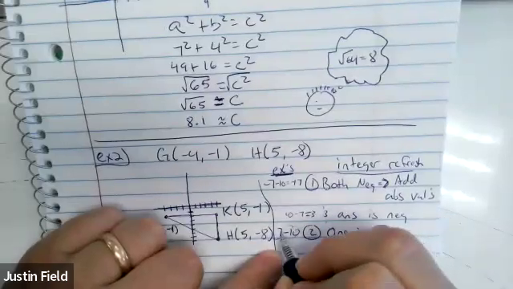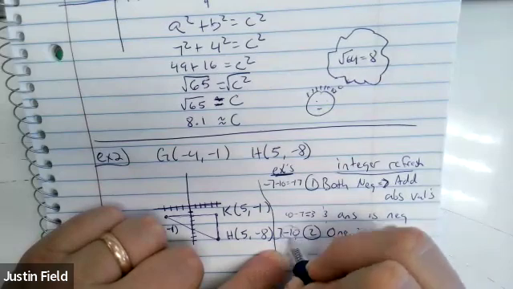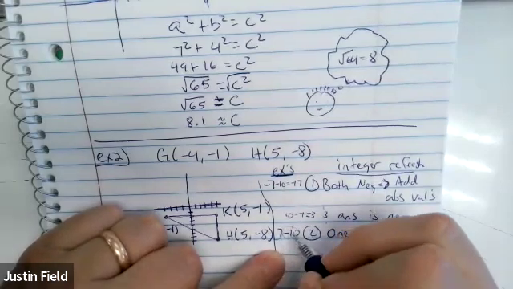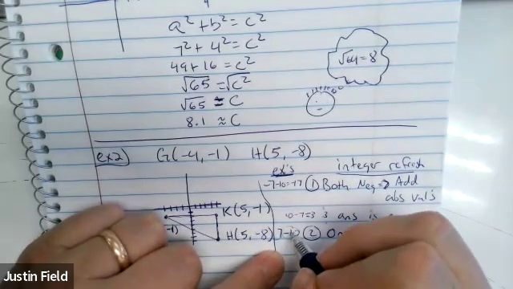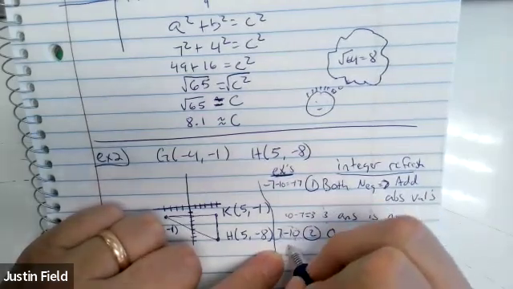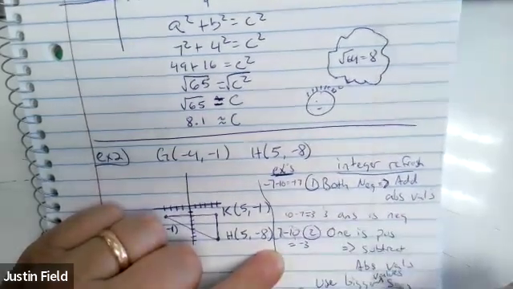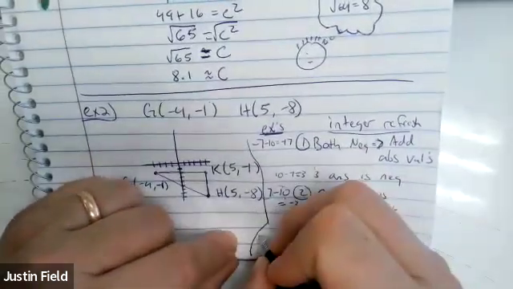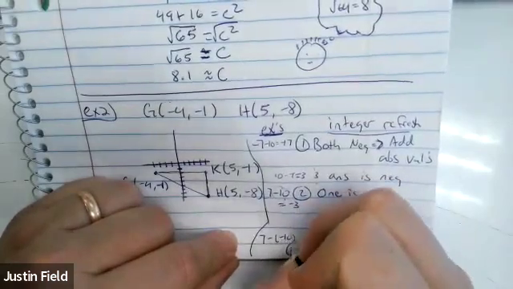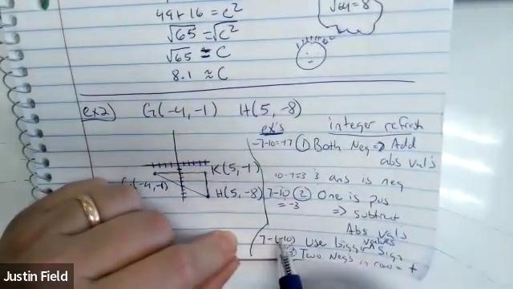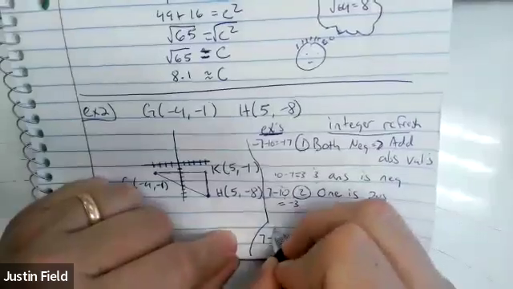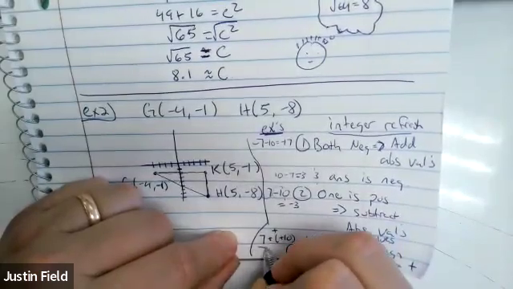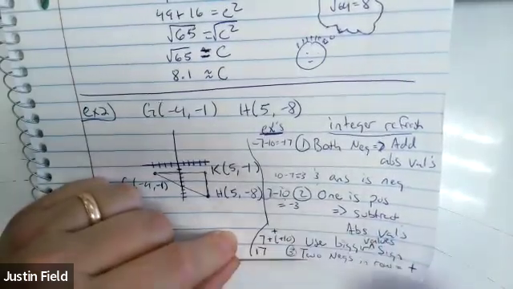But the bigger absolute value, 10, has a negative sign on it, so 7 minus 10 is negative 3. And one example of two negatives in a row: 7 minus a negative 10. Two negatives in a row become a plus sign, so it ends up being 7 plus 10, which is 17.